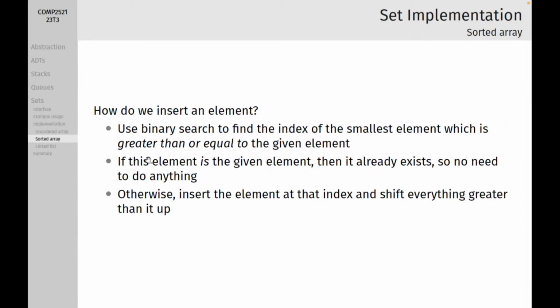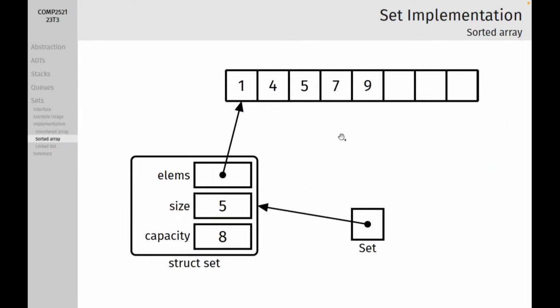Then if the element is the given element, then it already exists, so we don't need to do anything. Otherwise, we insert the element at that index, and then we shift everything greater than it up the array. So going back to this example again, if we wanted to insert 6, then we would insert 6 over here, and we would shift the 7 and 9 up the array.